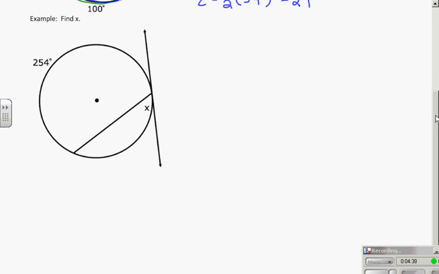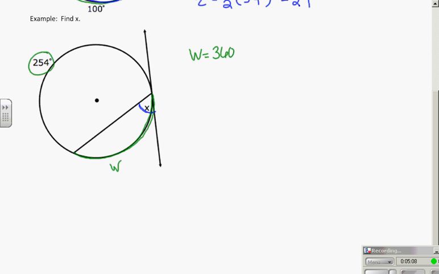And looking at another example, to find X, it initially looks like, again, we don't have enough information. We're after this angle right here, which would be related to this arc. Let's call the arc W for right now. I know that that arc and 254 are related.